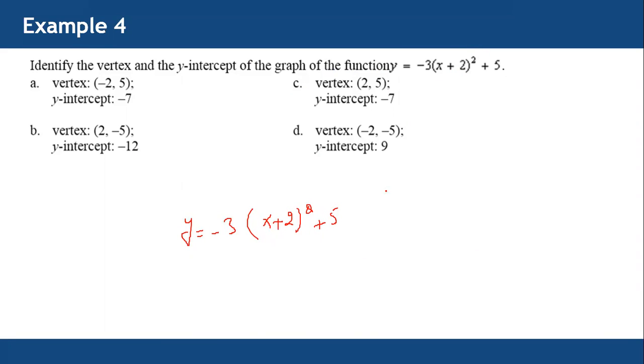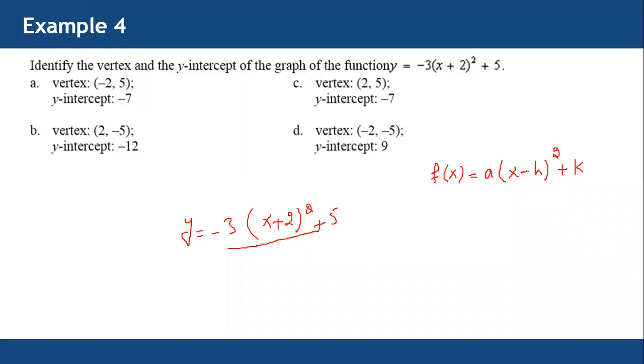If you know the general form of the vertex form, we have f of x is equal to a into (x minus h) whole square plus k. So first of all, you need to write this in standard form.